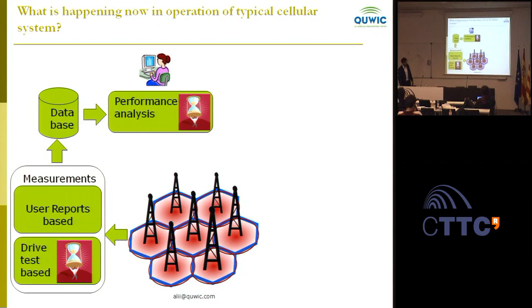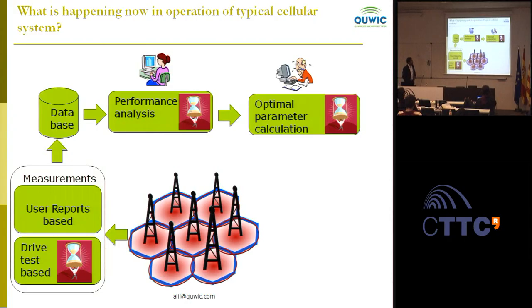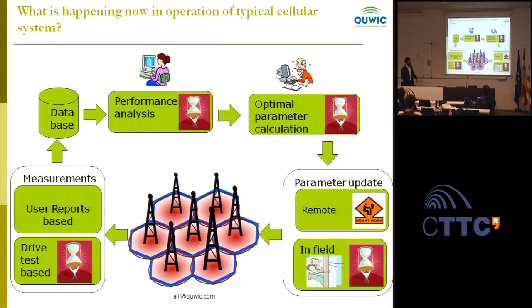He has to be a skilled guy. So you make a database, and then you have to hire some smart people to do the performance analysis, or you have to buy an expensive tool for doing the performance analysis, and then you calculate the optimal parameters which are now optimal according to the recent state of your network.